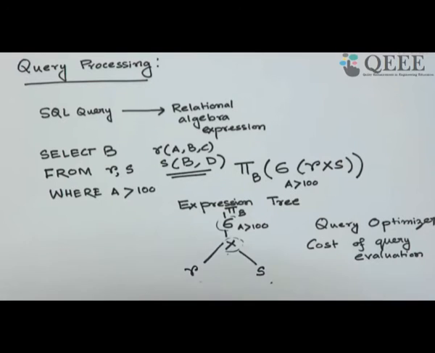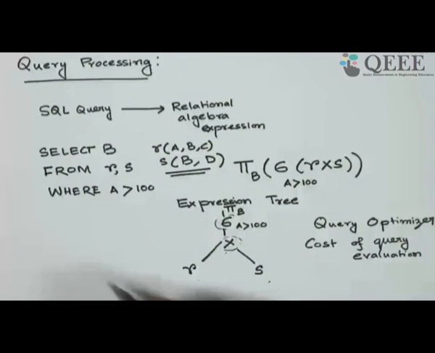Okay. So what this optimizer does is that it finds alternate trees that would evaluate this query, various forms of the tree that would evaluate this query, and chooses the one having the least cost. For example, I can have an alternate tree like this.